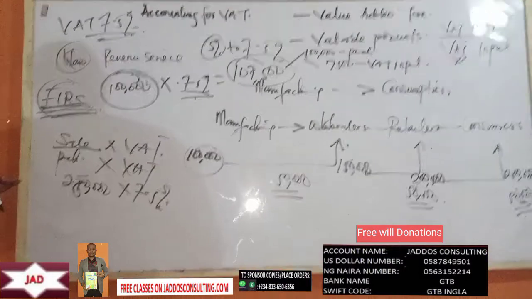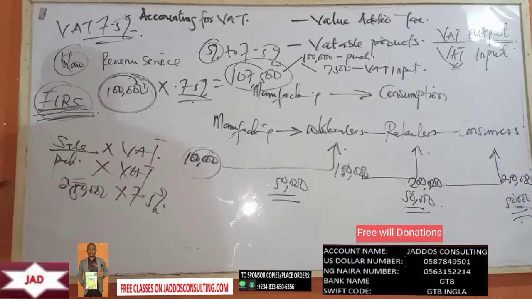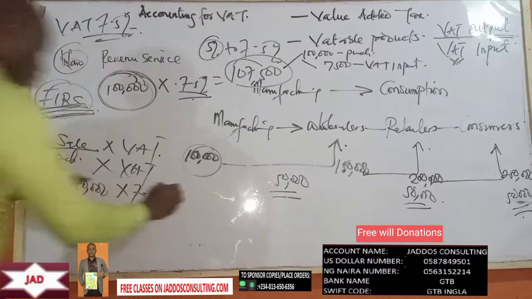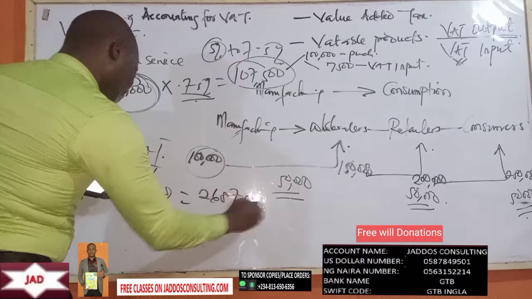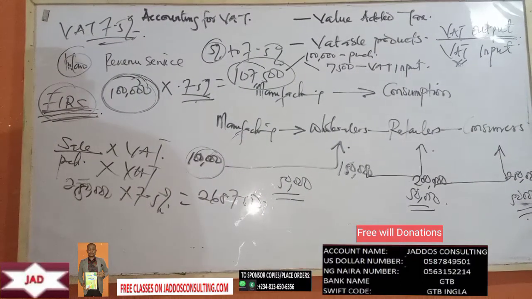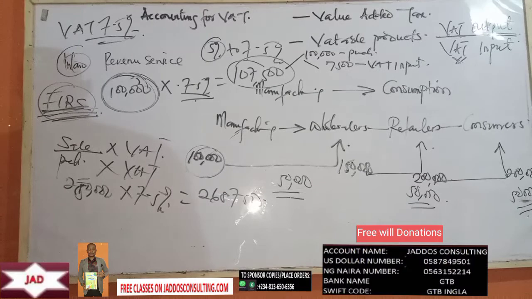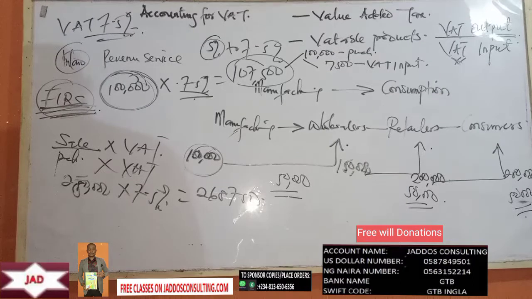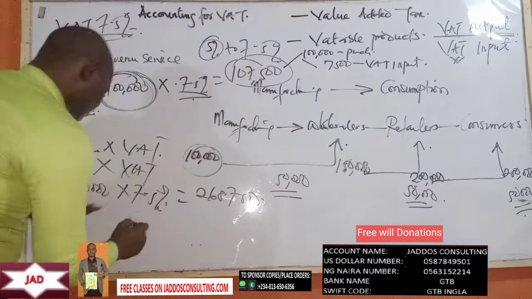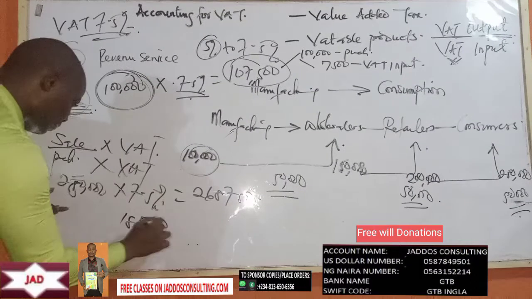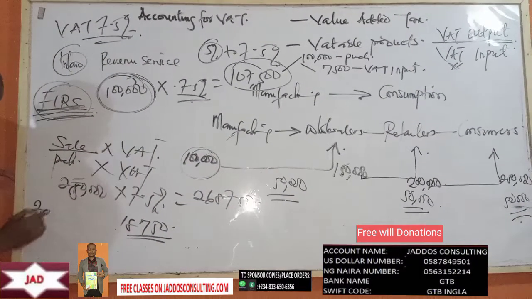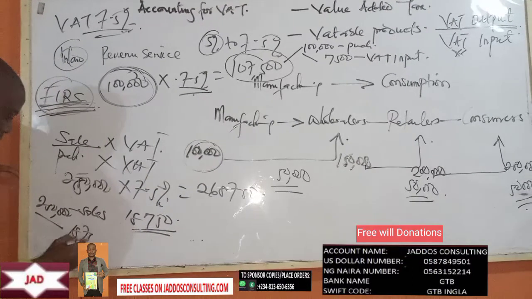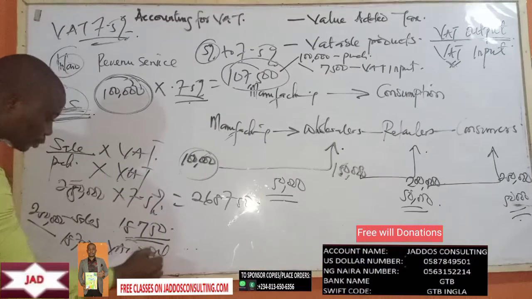So the VAT there is 0.075 times 250,000, that's 18,750. So we're saying that this 250,000 is your sales, then you have this 18,750 as your VAT output.